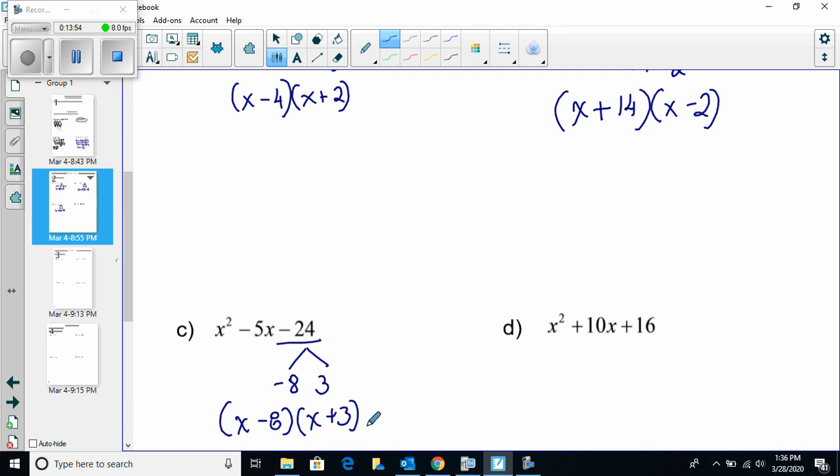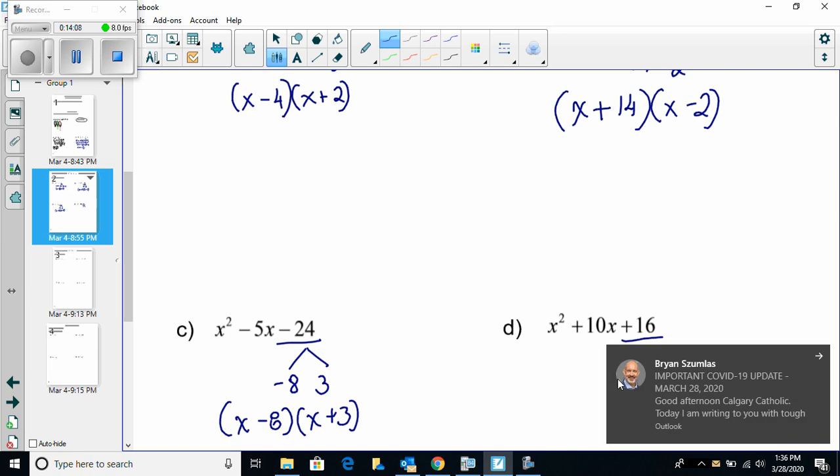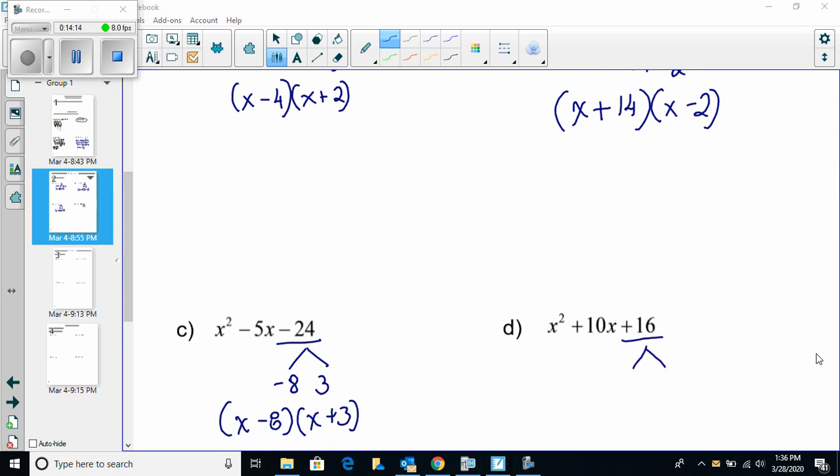The next one is x squared plus 10x plus 16. And the two factors of 16 that give us 10 will be 8 and 2.